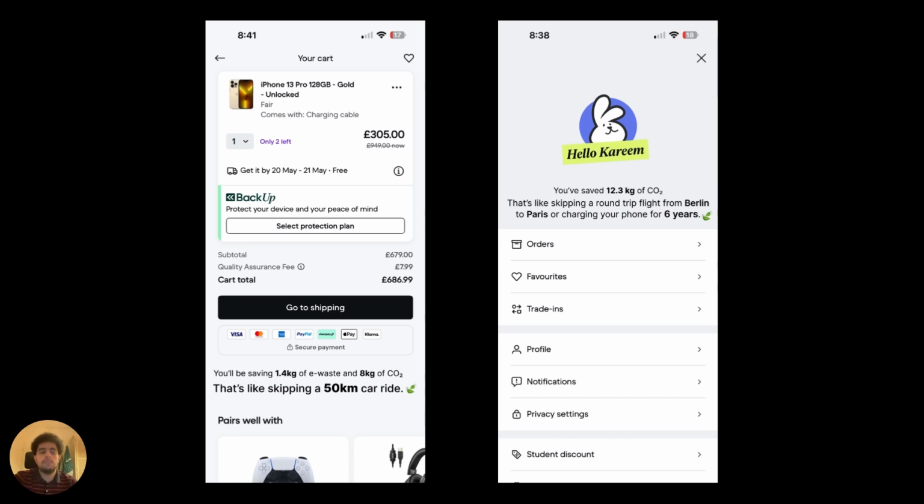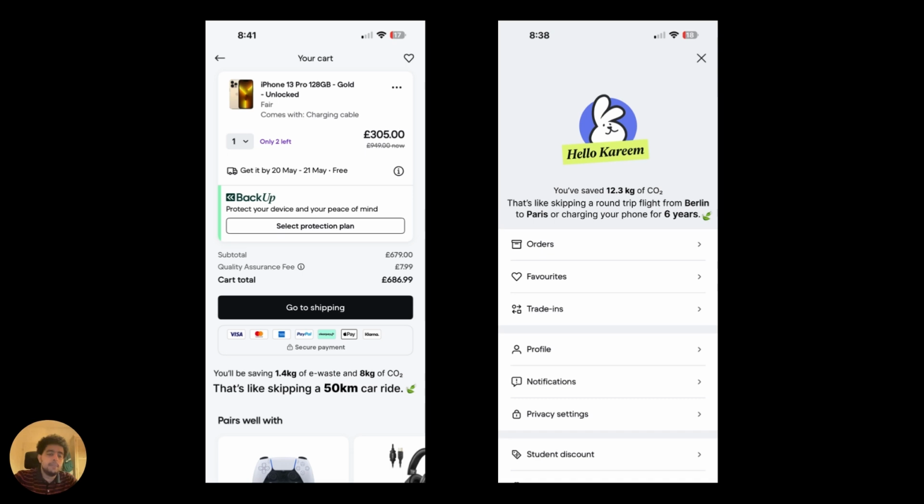For example, down here it says that you're saving this amount of e-waste and this amount of CO2, and it compares it to something tangible like a car ride, for example, skipping a 50 kilometer car ride, or compares it to something else on the other screen, like a flight from Berlin to Paris.